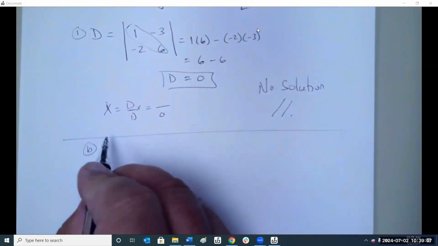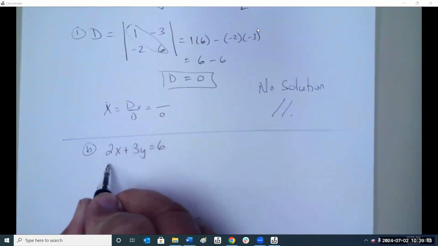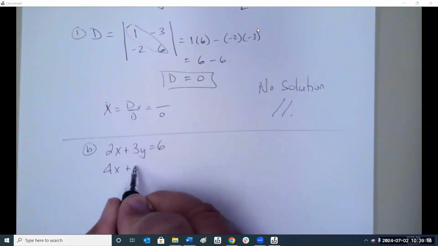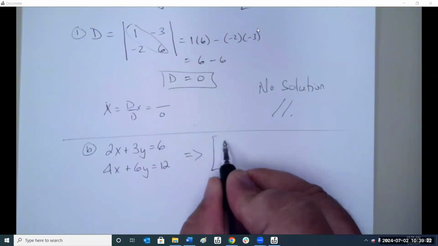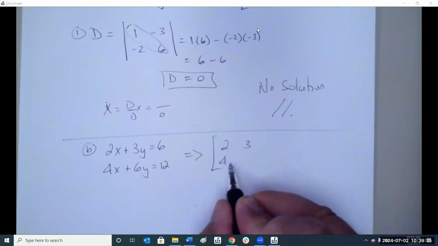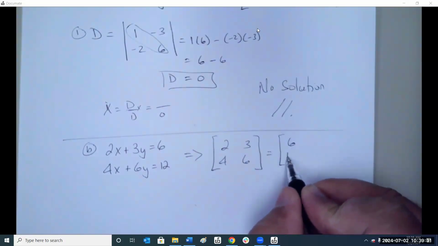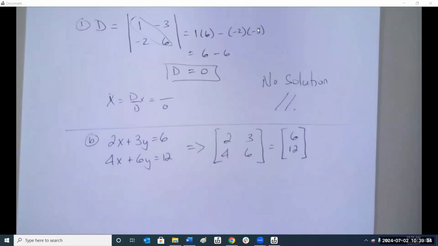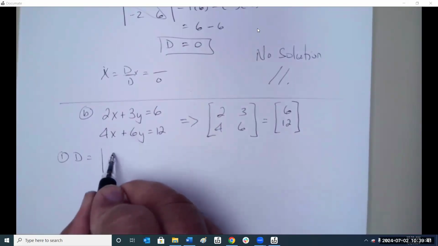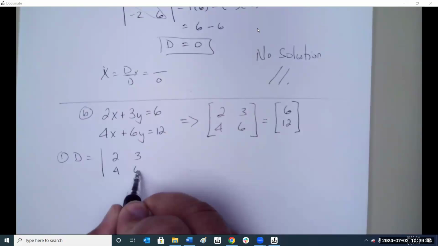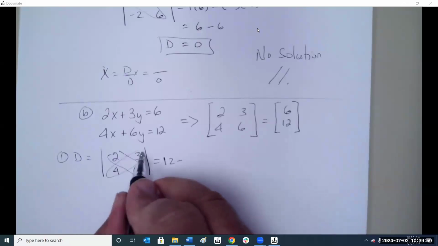Let's look at the second one, B. 2x plus 3y equals 6. 4x plus 6y equals 12. Find D. 2, 3, 4, 6. 12 minus 12.